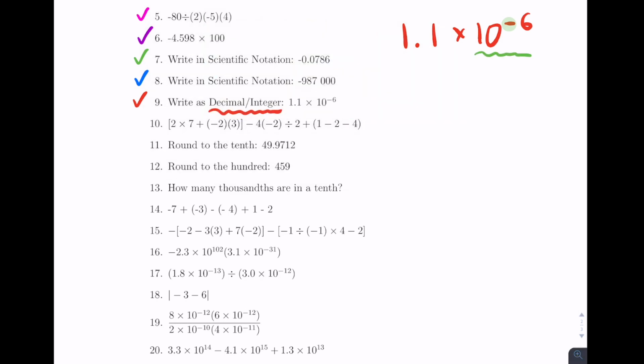So we're going to shift our decimal here. Okay, so division is going to make this smaller. So we're going to go in this direction 6 times. So once, twice, 3, 4, 5, and 6. It's actually going to create a lot of zeros for us here. With now the decimal over here.